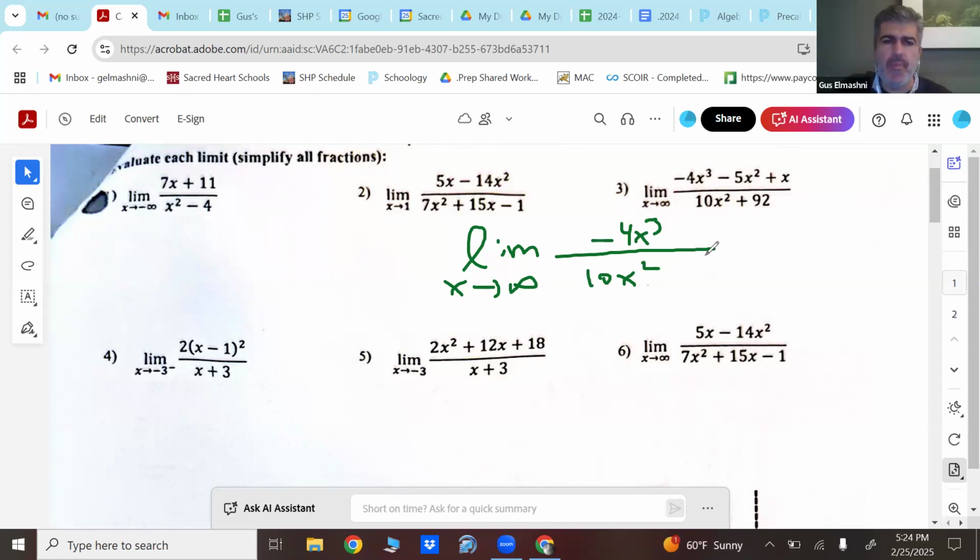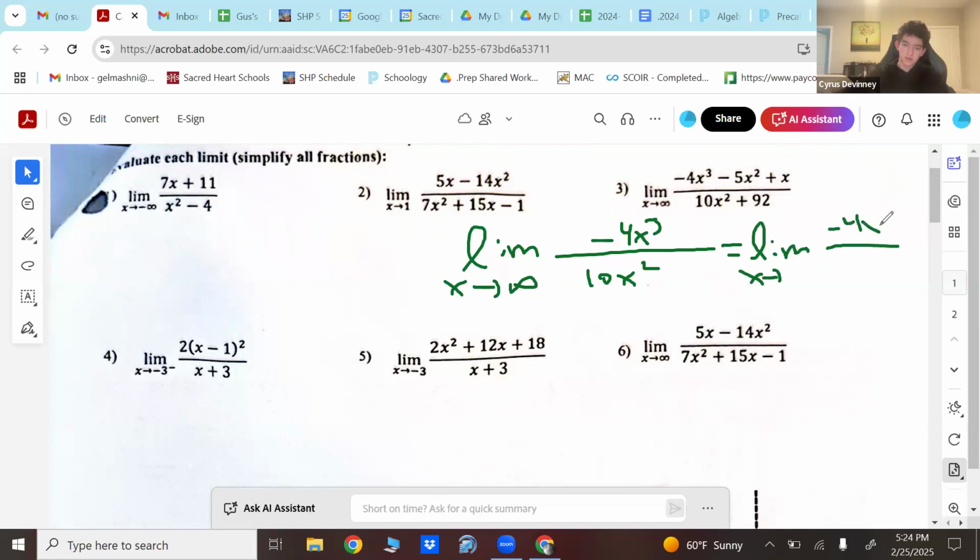So how does that reduce? Oh, no, not plus 92. Sorry, not that. You cancel out an x squared. So you're left with negative 4x over 10.